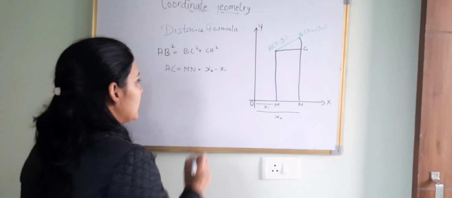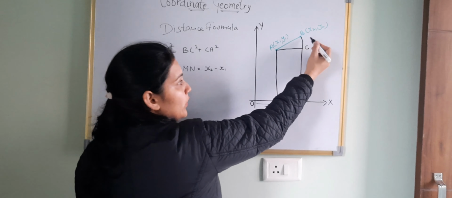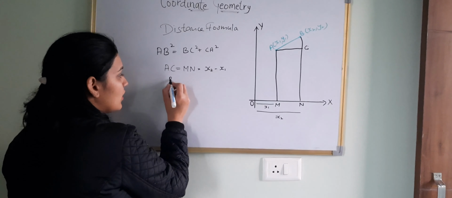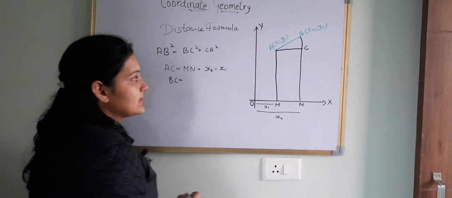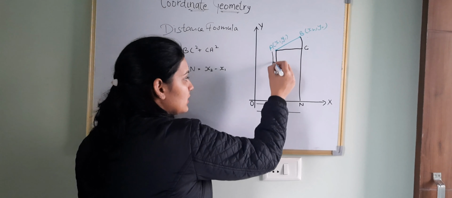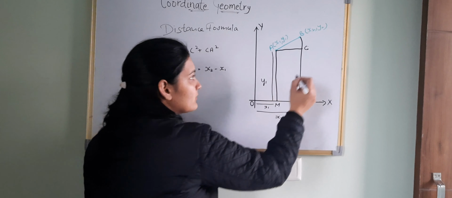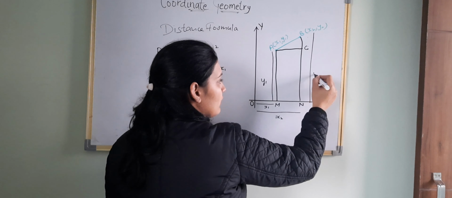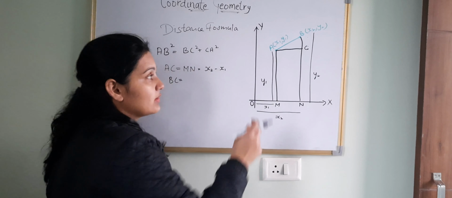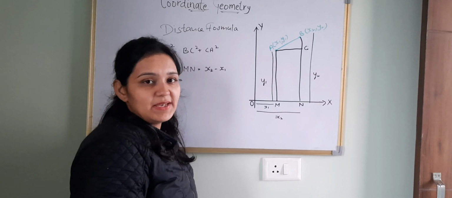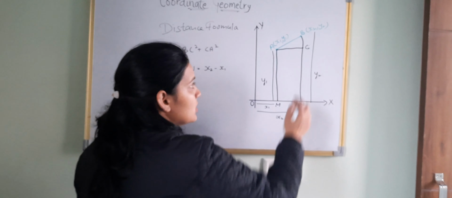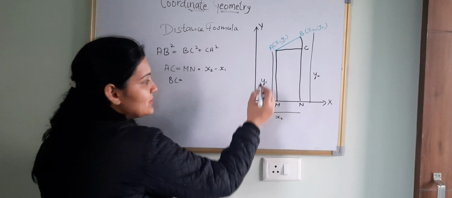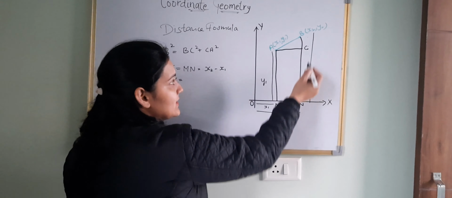Clear class? Next, we need BC. What will your BC be? This is your y1 and this is your y2. It is given. See the coordinates of A and B. Okay. So your AM is y1 and your BN is y2.